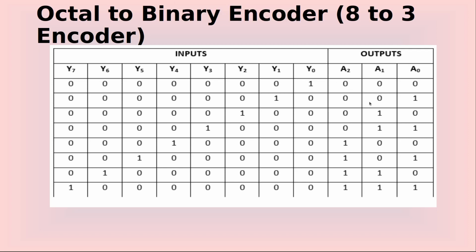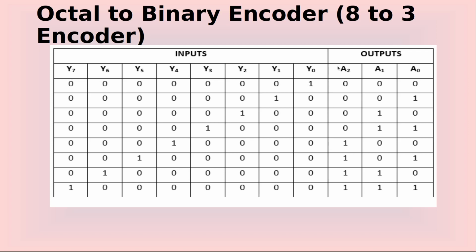If it is 1, then 001, a0 is activated. 2 is represented in the form of 010. 3 means 011. 4 means 100. 5 is represented as 101. 6, y6, means 110. First we take the digit, then its equivalent binary number. 7 means 111. So this is called an octal to binary encoder.